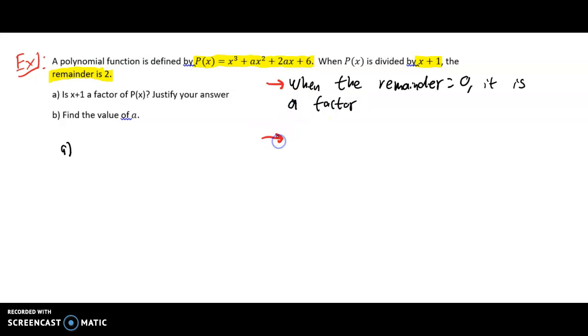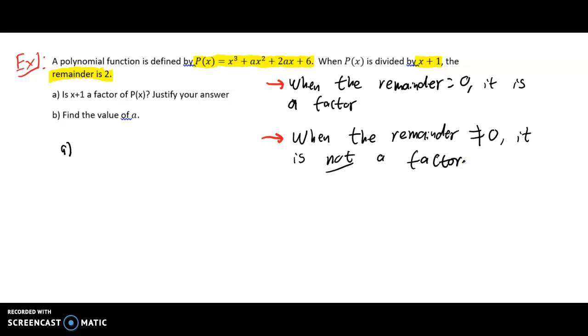And when the remainder does not equal 0, positive, negative, decimal, fraction, literally anything but 0, it is not a factor.